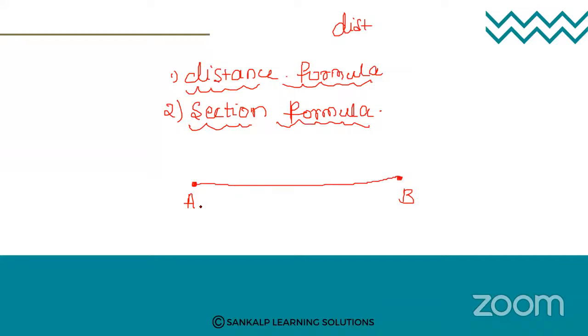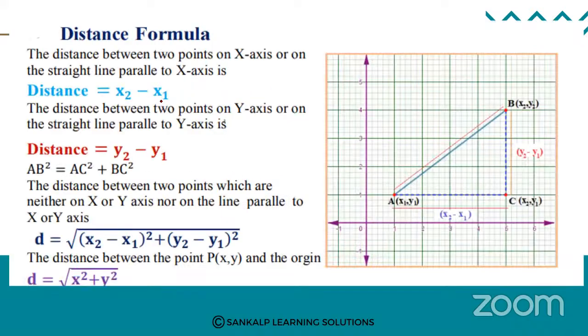The coordinate of x for A is x1, for B is x2. Then from A to B, the distance is x2 minus x1, right? Again, if you want to find the distance between these 2 points, it will be x2 minus x1.